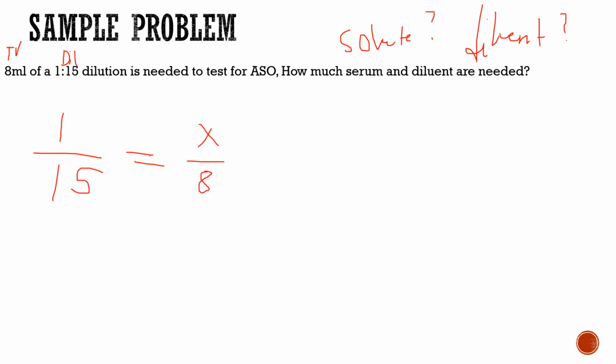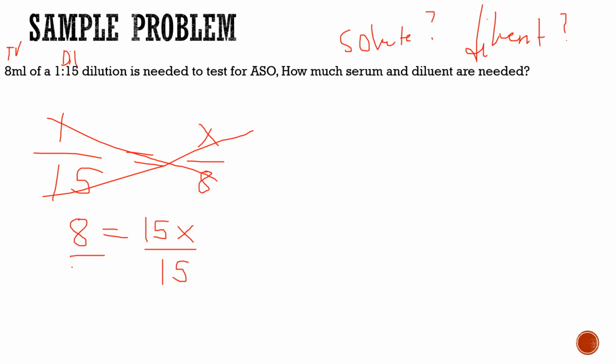And if we try to apply this, we have 1, we have 8 is equal to 15x. Kasi 1 times 8, 15 times x, 15x. You need to remove the 15, and to do this, you divide it by the value. And you would get x is equal to 8 over 15.